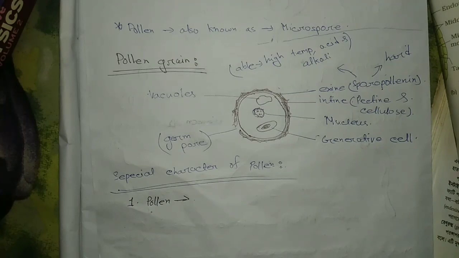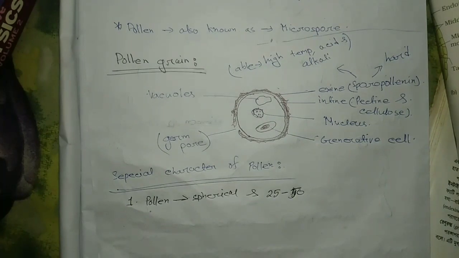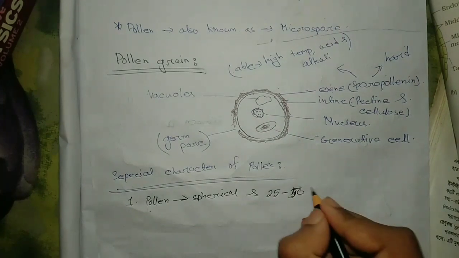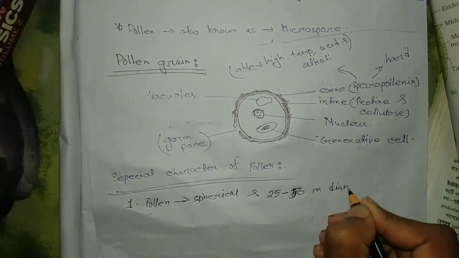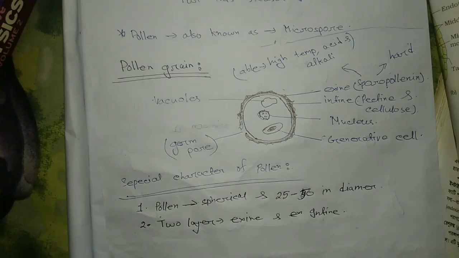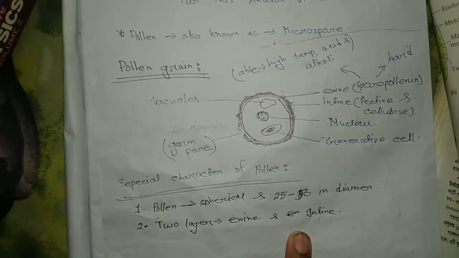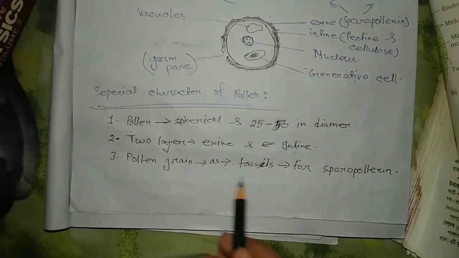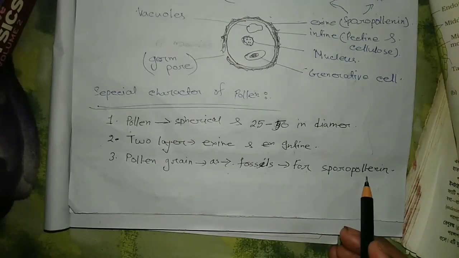Special characters of a pollen: pollen is spherical and 25 to 50 micrometers in diameter. Two layers, exine and intine. Pollen grains are well preserved as fossils because of sporopollenin.